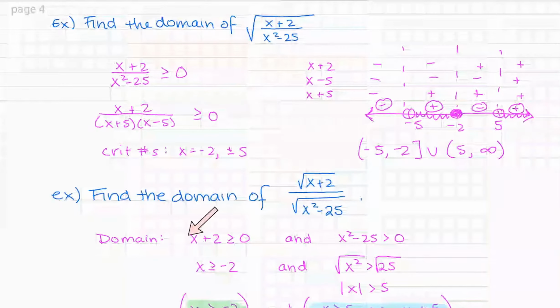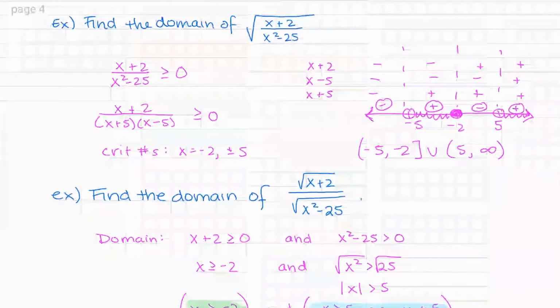So we want to look at when the numerator is non-negative and when the denominator is also non-negative, but also it can't be equal to 0. So I can have the numerator equal to 0. I can't have the denominator equal to 0. So I have to look at both of these. So it's like two separate problems.